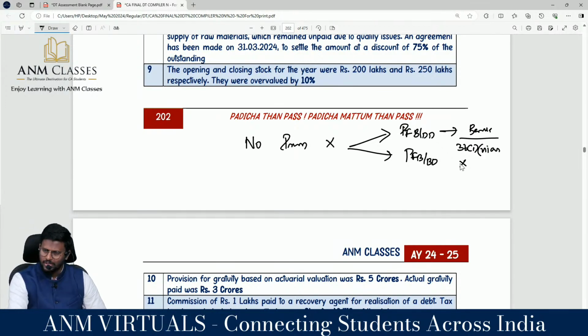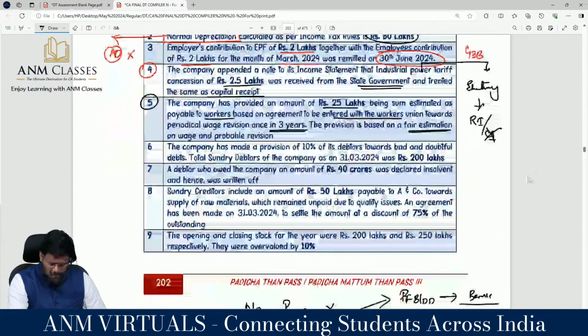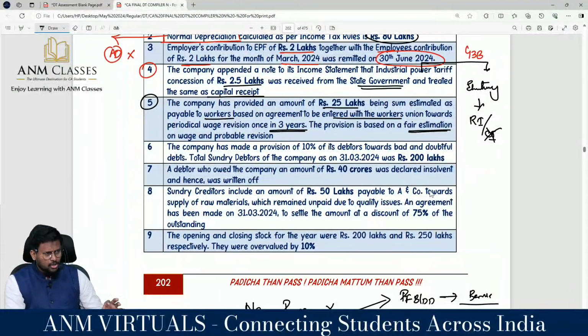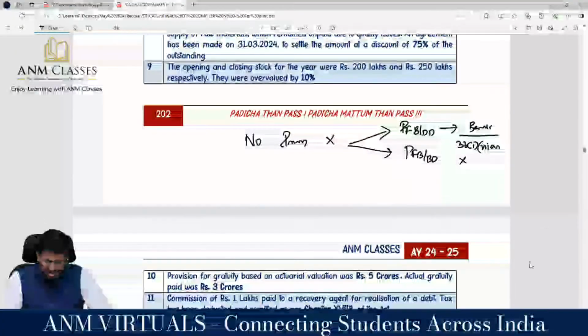My dear lovable students, but this provision has been created not casually, it has been created on fair estimation. What is the keyword? ICDS, Income Computation and Disclosure Standards, just like accounting standards and standards on auditing. The same way we also have Income Computation and Disclosure Standards.